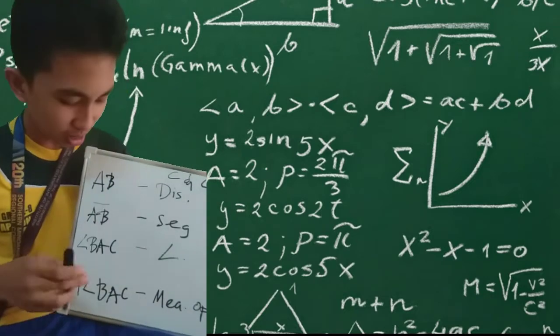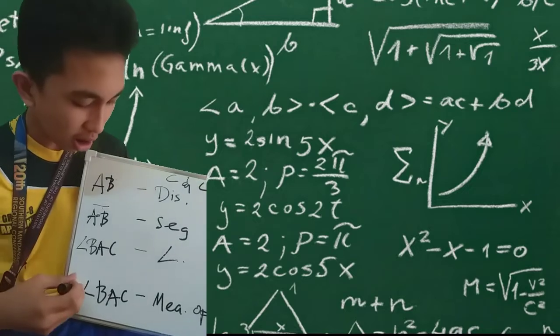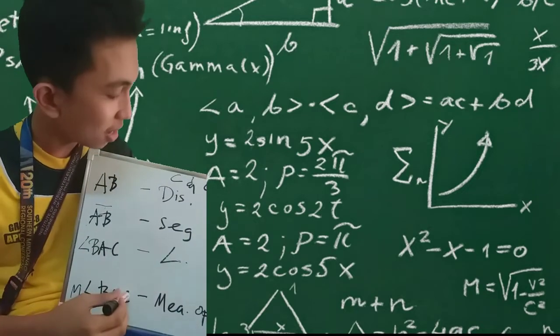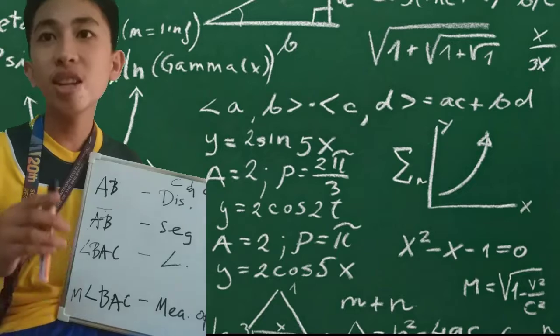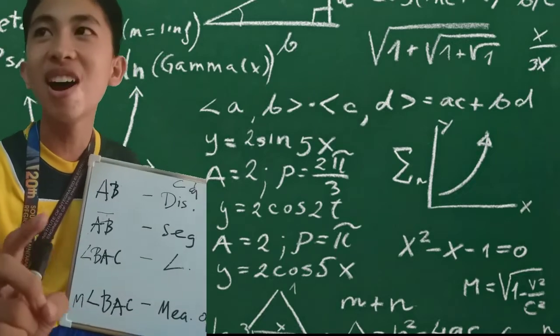And the last one means the measure of angle BAC. So remember that two angles with the same measure are congruent.